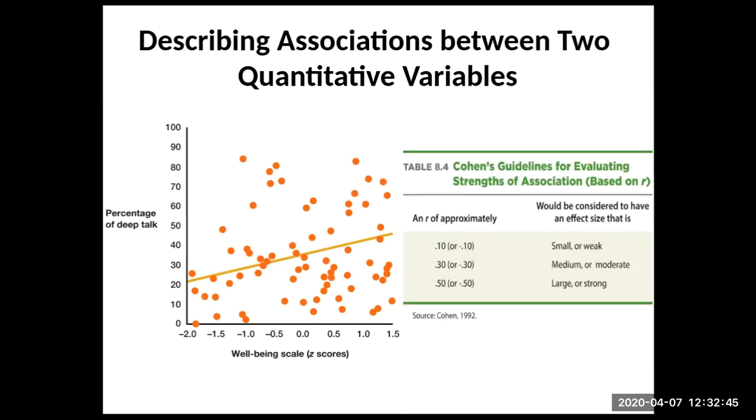Around 0.30 or negative 0.30, depending on the nature of the correlation, it is a medium or moderate one, and anything that is basically 0.5 or above is considered large or strong. The closer you get to 1 or negative 1, the more likely it is that there may be an actual causal relationship there. But again, we can't determine that from an association or a correlation.